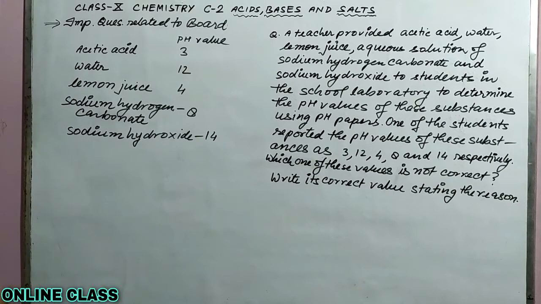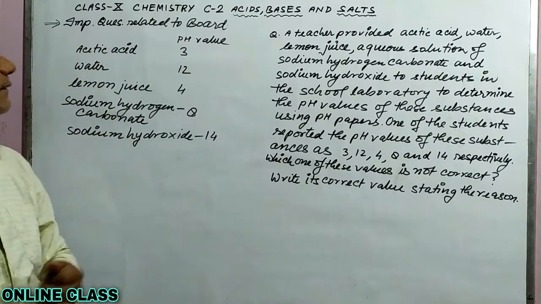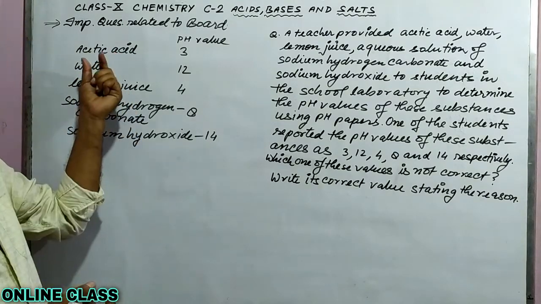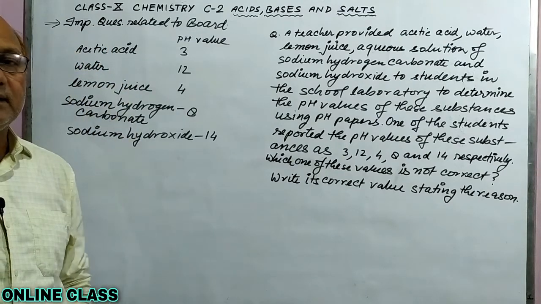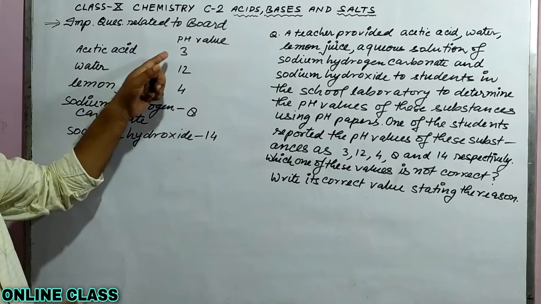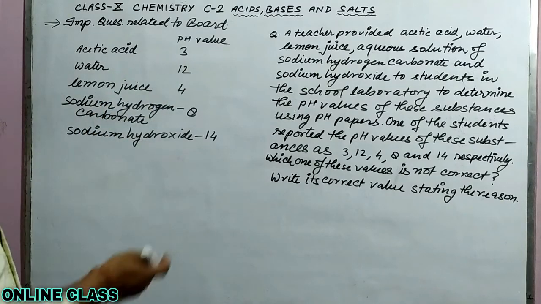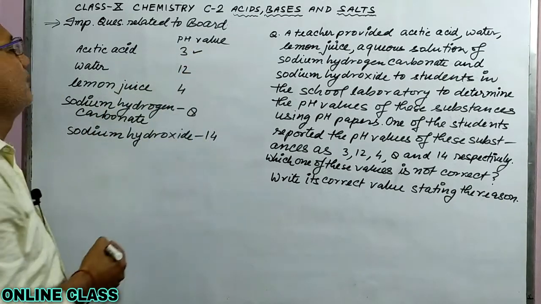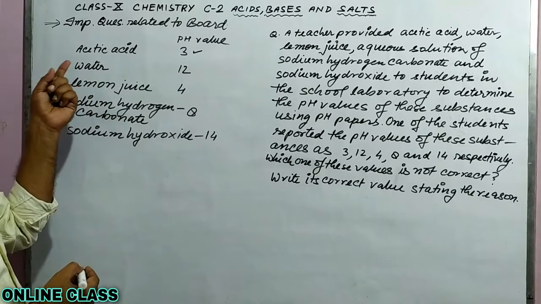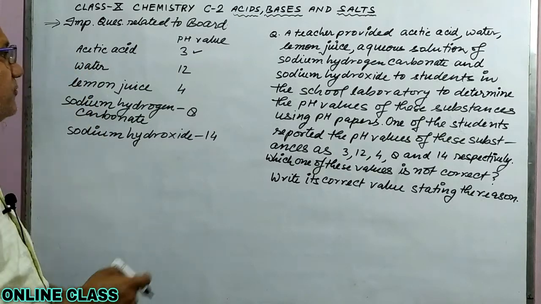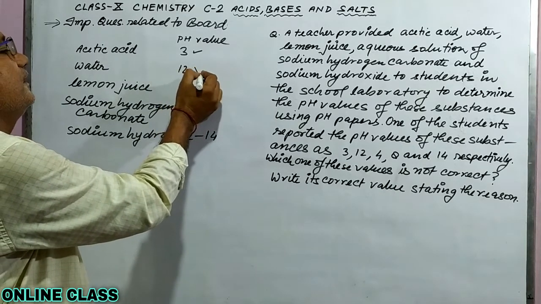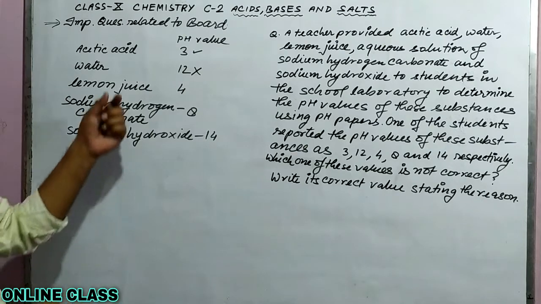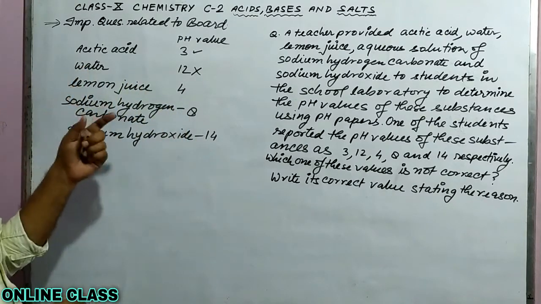So, let us see. Acetic acid, as we know, is acidic in nature, it has pH value 3. So, it is the correct value. Water, it has pH value 12 and this value is incorrect. Okay? Let us discuss why this is incorrect.